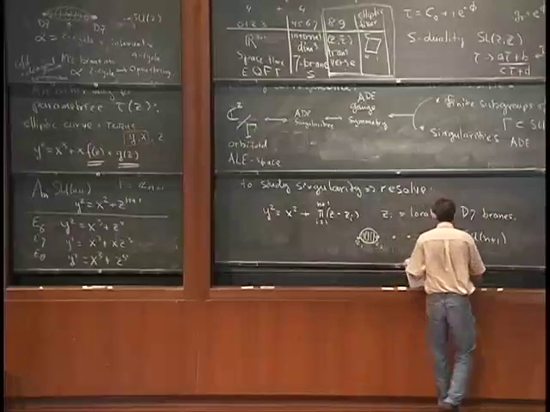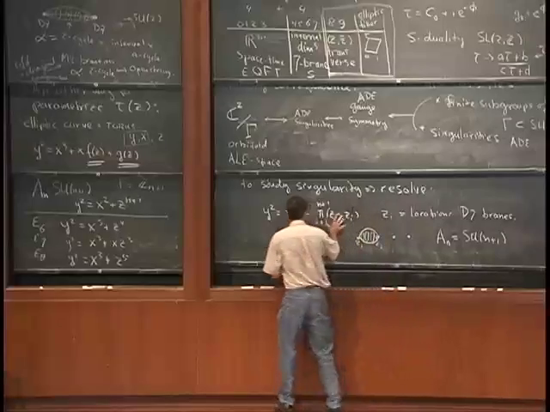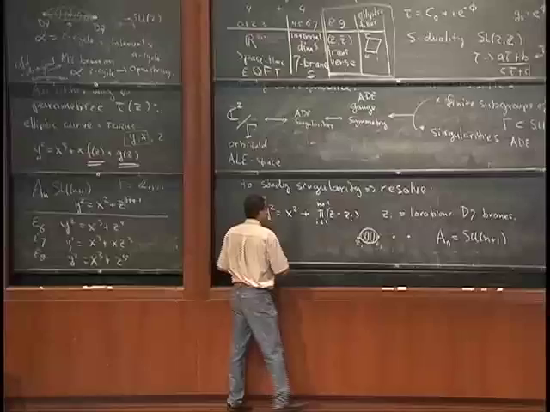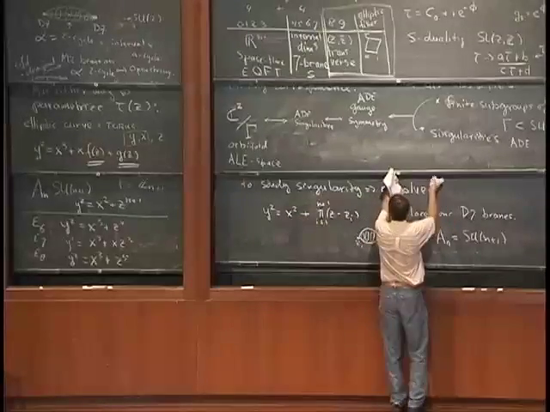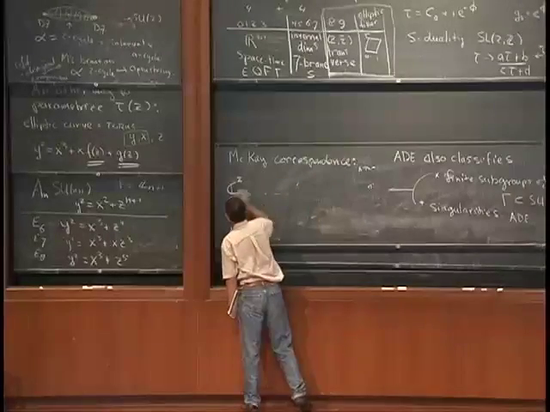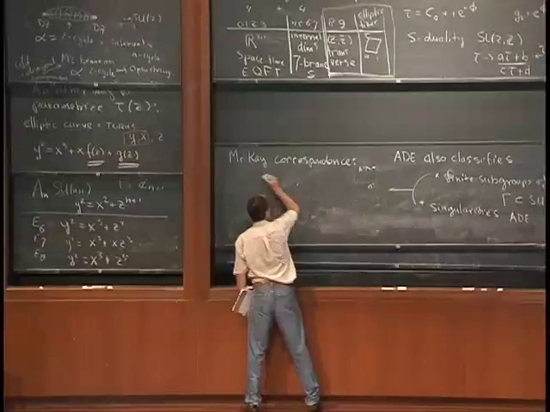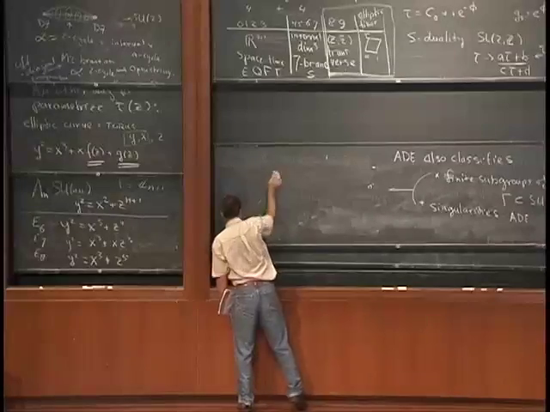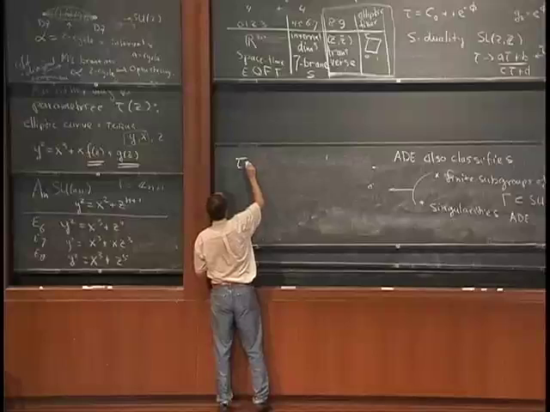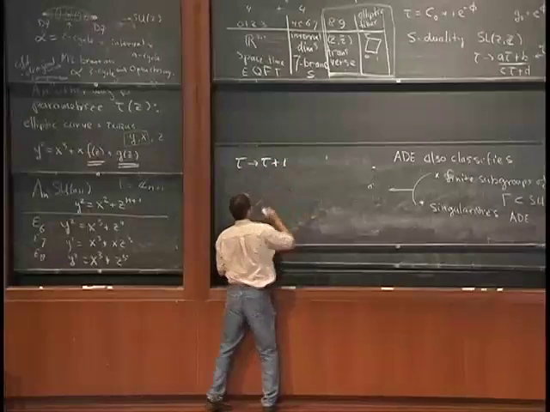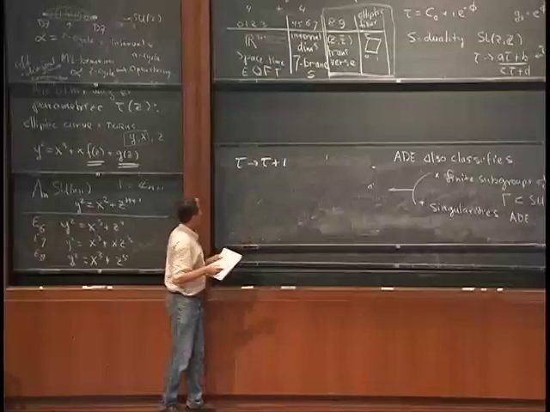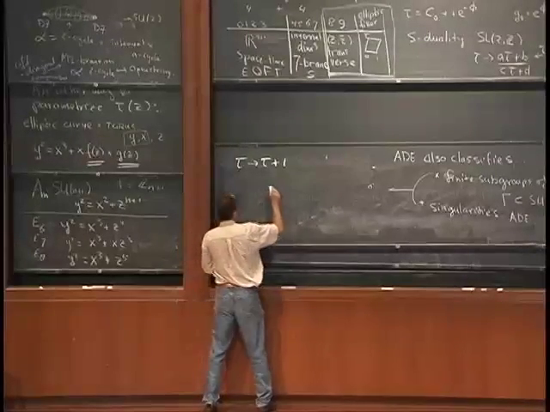So what people have worked out is, once you resolve these singularities, you can recognize what kind of 7 branes you need. Let me briefly introduce 3 types of 7 branes. I mentioned that the D7 brane corresponds to this particular transformation, the T transformation.